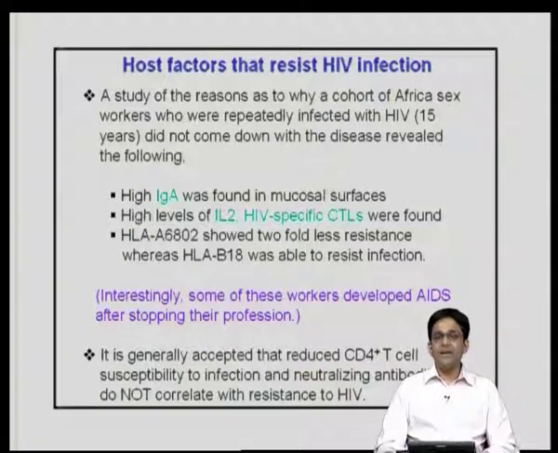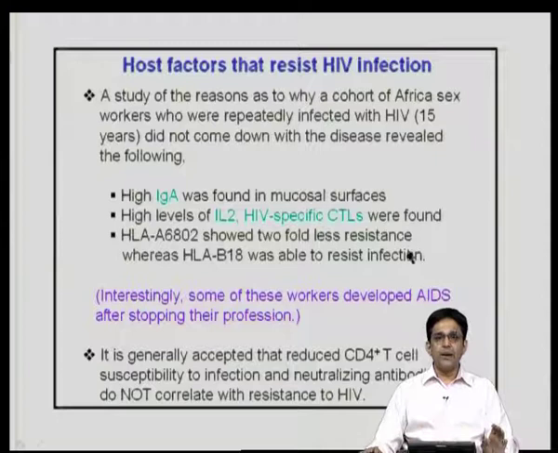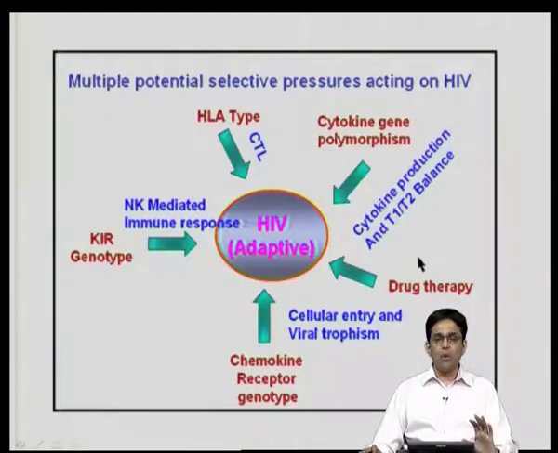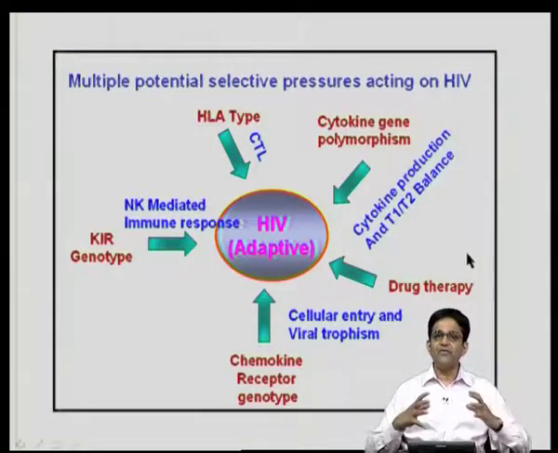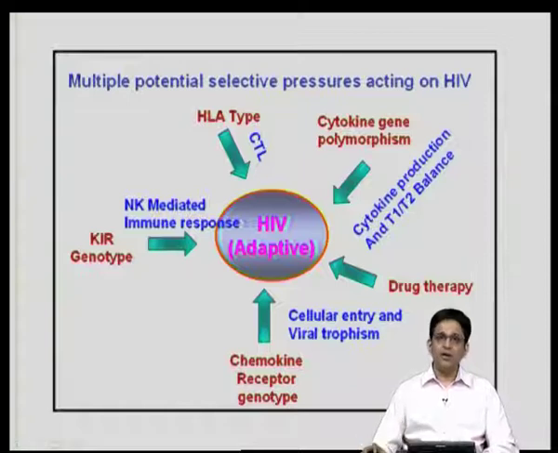Now, it is generally accepted that reduced CD4 positive T cell susceptibility to infection and neutralizing antibodies do not correlate with resistance to HIV. Therefore, it is important to understand that there are different factors playing a role, and that is what is shown over here. You have the HLA type, which plays an important role, you have cytokine gene polymorphisms, you have drug therapy.